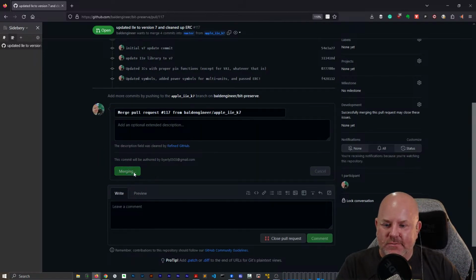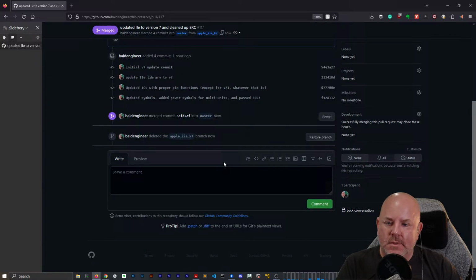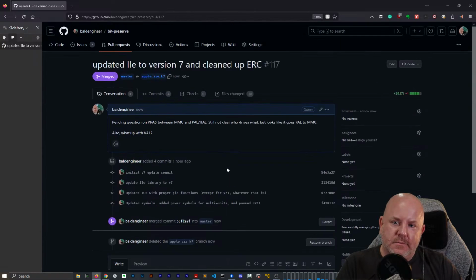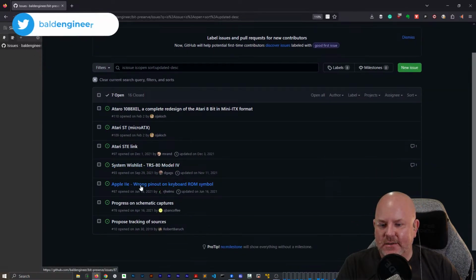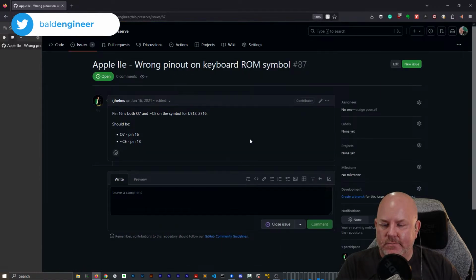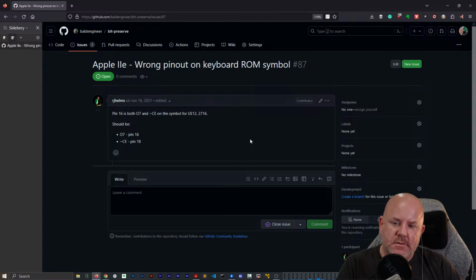We'll merge this, confirm. All right. And then we should be able to now go to, oh, I forgot to check. Did I say wrong pinout on keyboard ROM? What? Pin 16 is both 07 and CE on the symbol. Oh man.